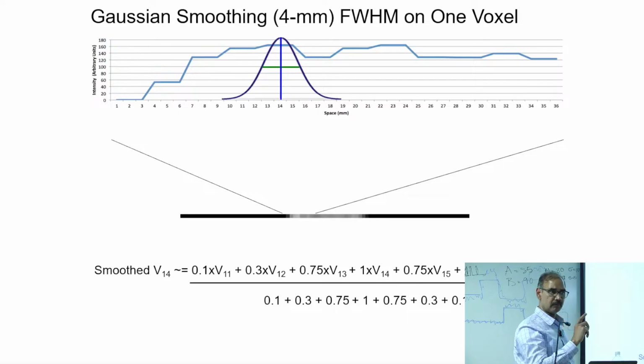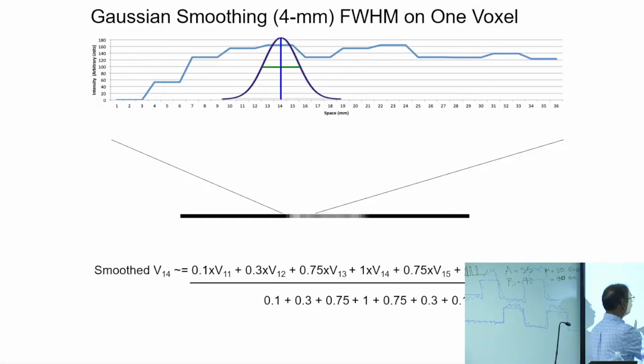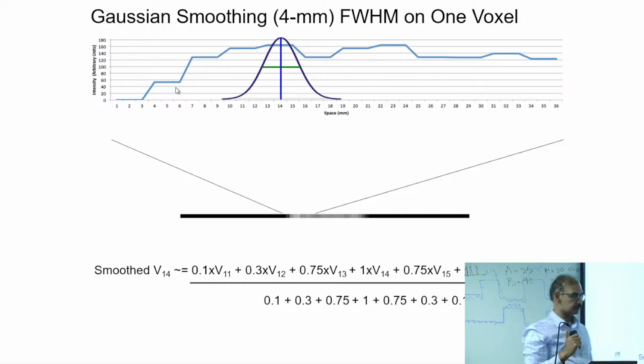Is that clear? No. So in here, what we do is initially we will start from the beginning, and that value would be given as this one. 0.1 is the first value, second value is 0.3, third value is 0.75, fourth is 1, fifth is 0.75, 0.3, and 0.1, right?